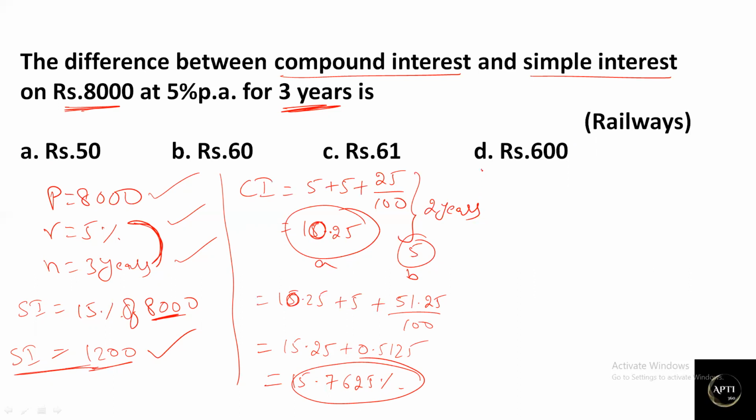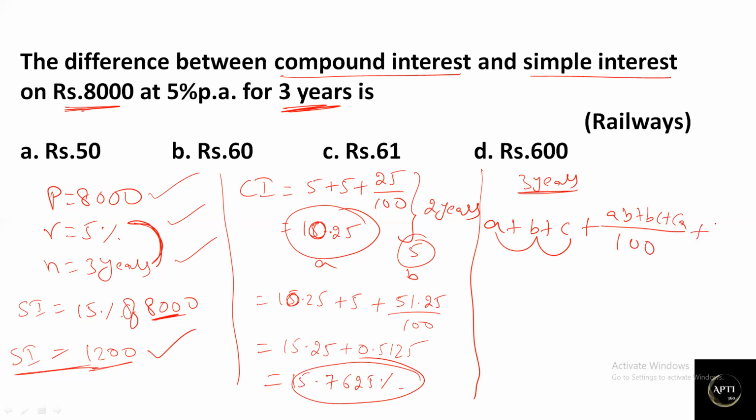Also, if you feel that calculating so many times is difficult, I will tell you the direct approach. For 2 years we have A plus B plus AB by 100. For 3 years, A plus B plus C plus, why three variables? Because it is 3 years. AB plus BC plus CA divided by 100, plus ABC divided by 100 multiplied two times.